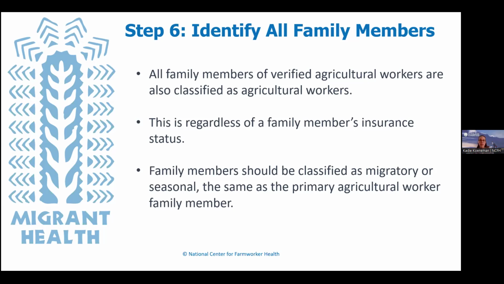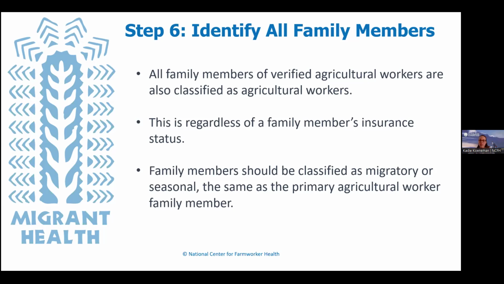So let's say maybe in a family, there's a parent that's seasonal. So they're settled in your community and they have their spouse and children in your community, but maybe there's an adult child who's migrating in agriculture.